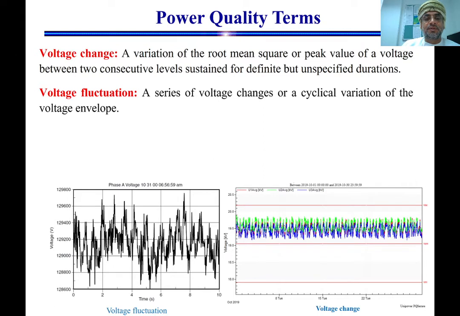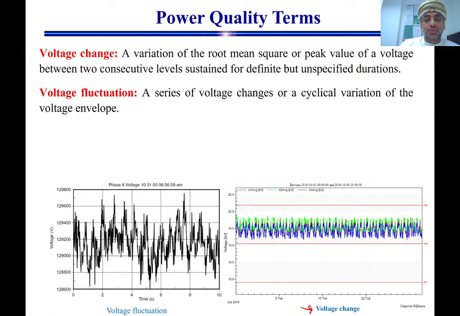The voltage does not stay identical. I mean, the different phases are supposed to have exactly the same magnitude. The phase difference between the different phases should be 120, but over here we don't have that. So over here we have a voltage change.